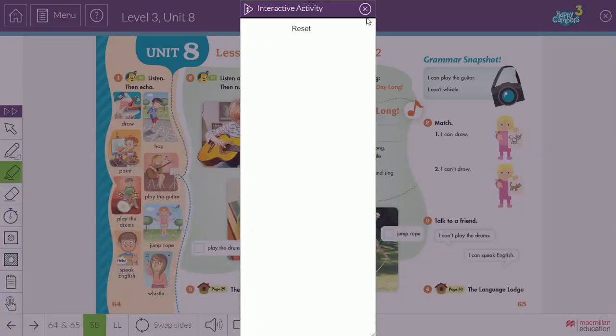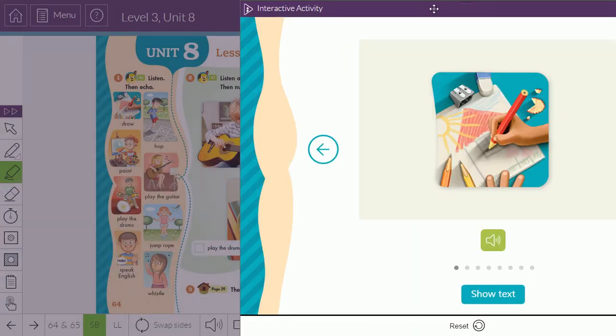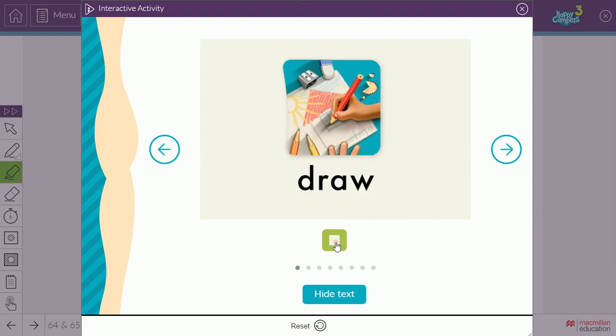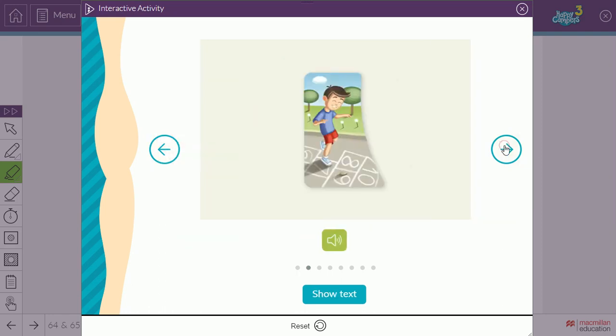Okay, so let's start with this picture here. Draw. As you see, draw. You can draw here using a pencil and start to draw a flower, draw whatever you want, some nature item or something else. Draw. And hop.